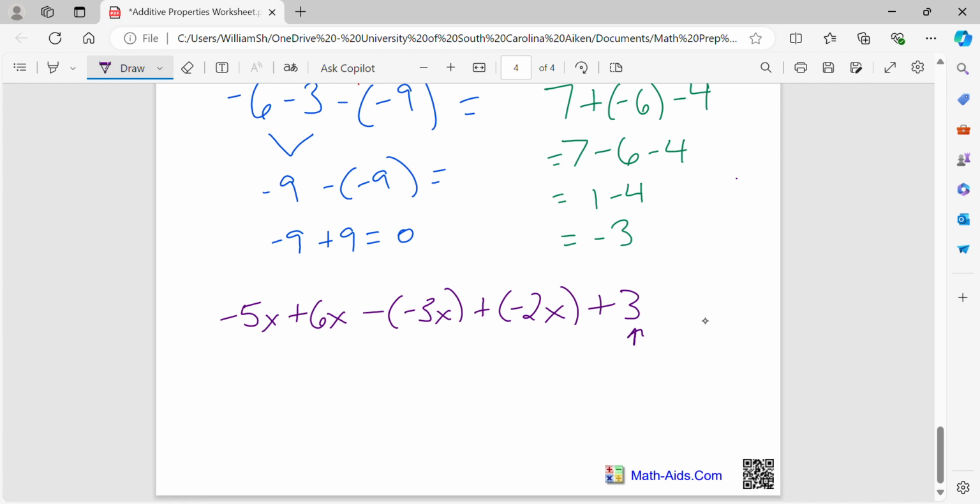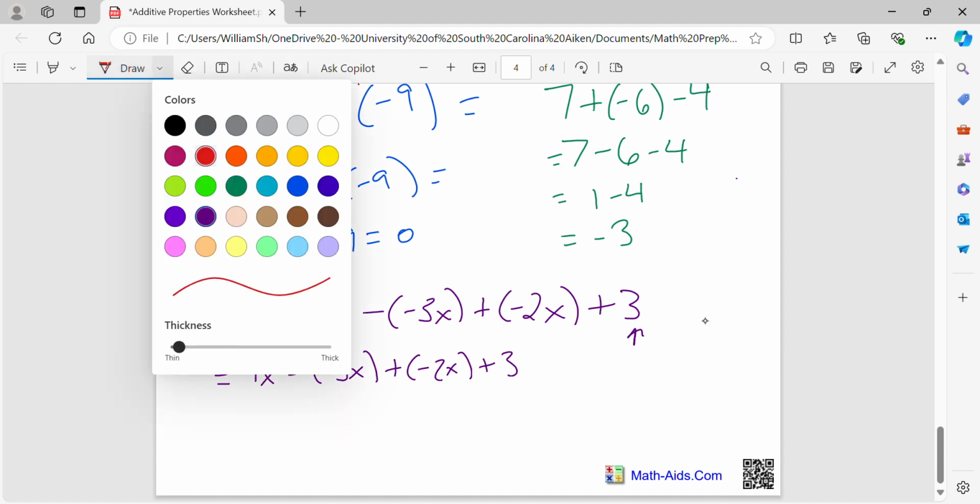Working left to right, negative 5x plus 6x is going to give me 1x. Then I'm just going to rewrite what's left: minus negative 3x plus negative 2x plus 3. Now I'm going to continue working from left to right. Now I have 1x minus a negative 3x, and then plus the negative 2x plus the 3.